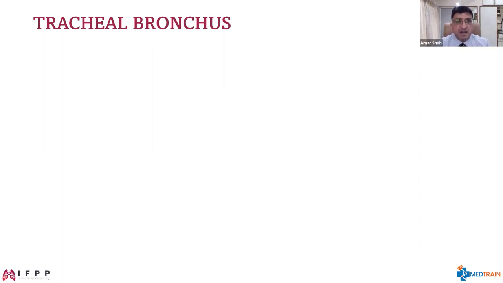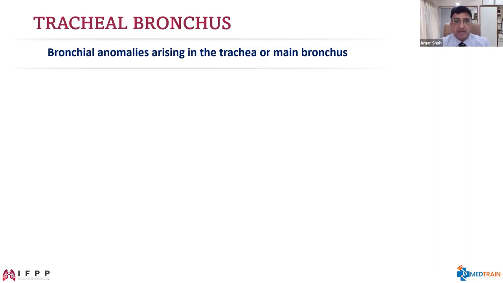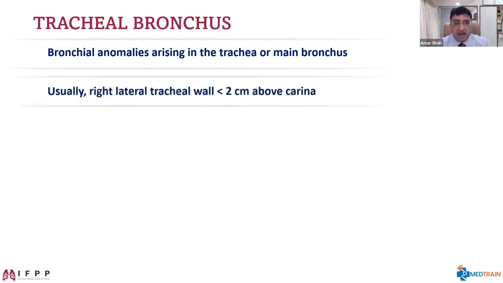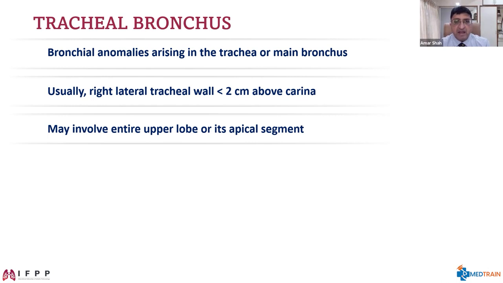This is a relatively rare anomaly. Now the bronchial anomalies arising in the trachea or the mainstem bronchus may cause a tracheal bronchus. It is usually in the right lateral tracheal wall and less than 2 centimeters above the carina. It may involve the entire upper lobe or its apical segment.